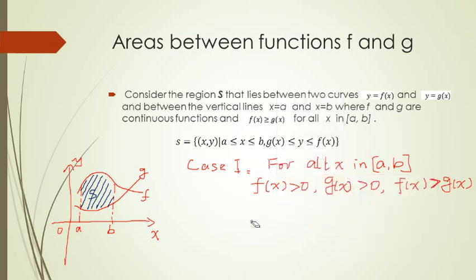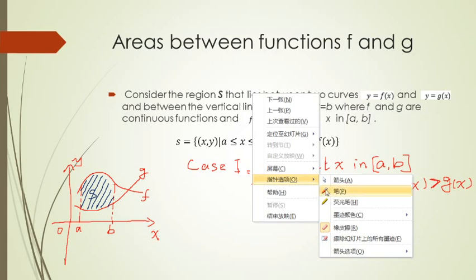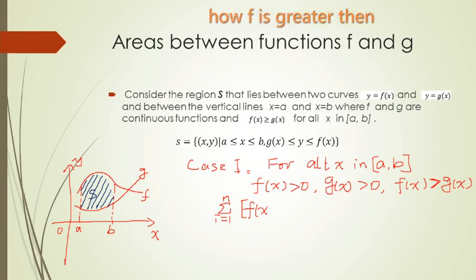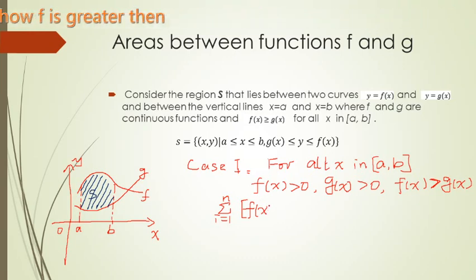Continuing with the area of the ith rectangle, we can use the summation of n rectangles. We assume that function f is greater than g.